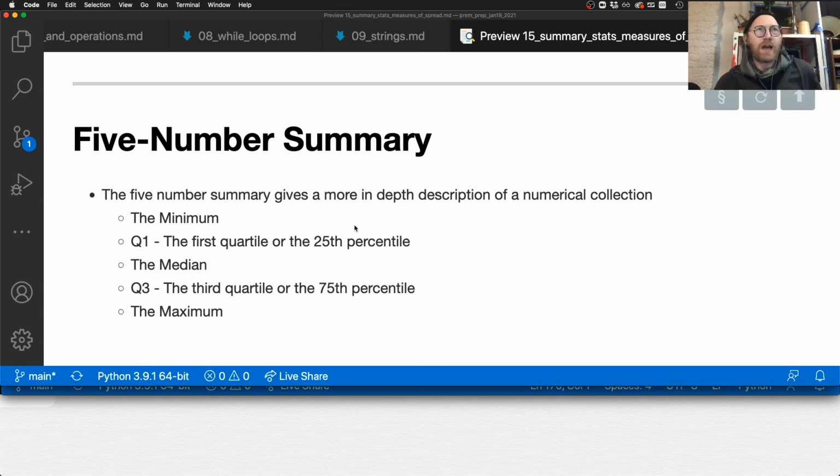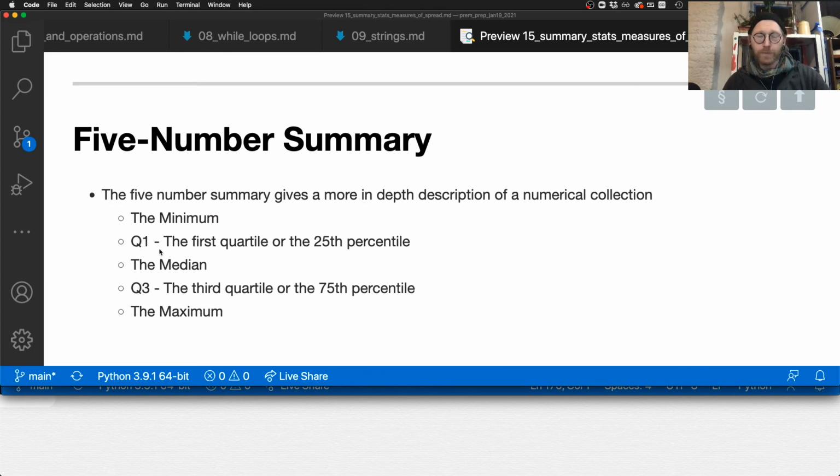This is classical. The 5-number summary is more classical, although I do think it's really helpful, and it's a good coding exercise. So the 5-number summary returns 5 values. It returns the minimum value from the data set, Q1, which is at the 25th percentile, or you could say it's the median between the minimum and the median.